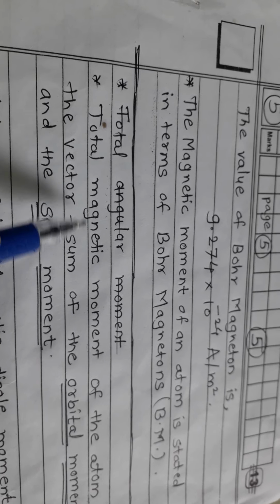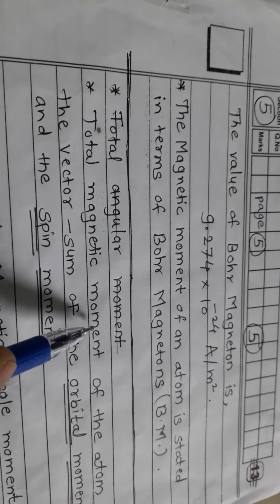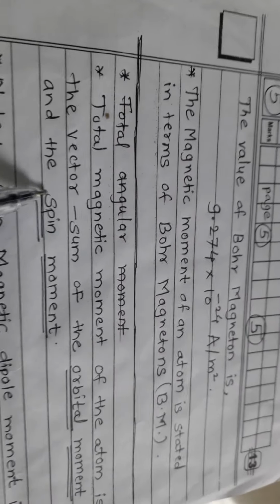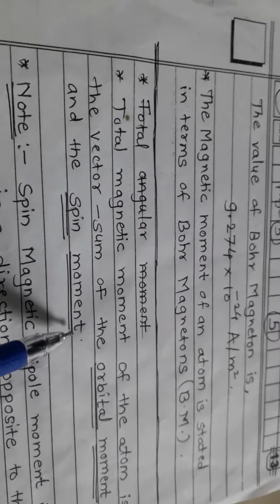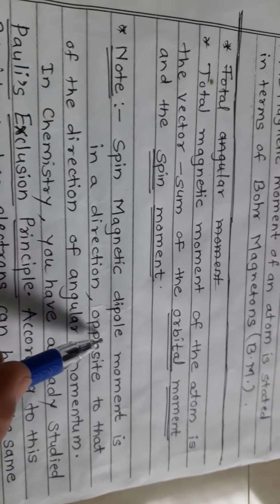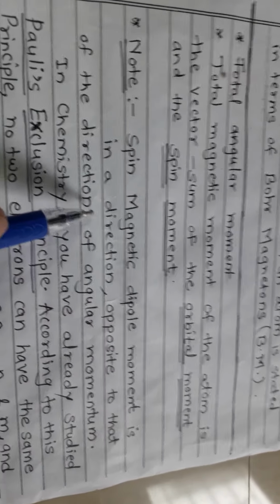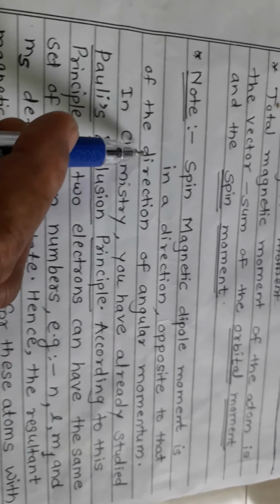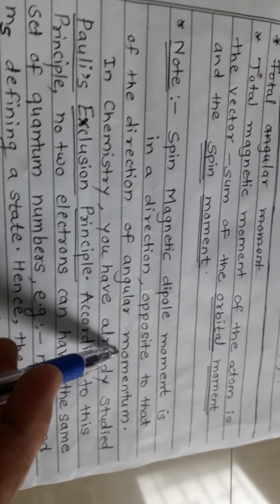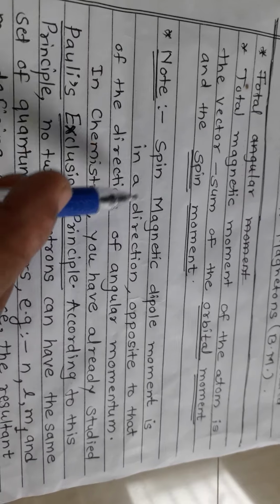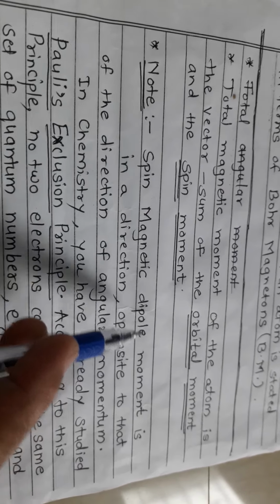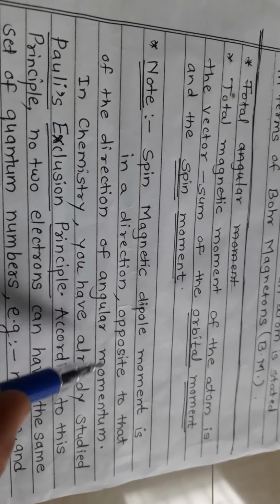Note, the spin magnetic dipole moment is in a direction opposite to that of the angular momentum. That is, the spin magnetic dipole moment is oppositely directed to the angular momentum.